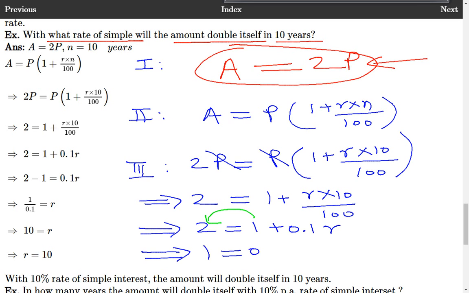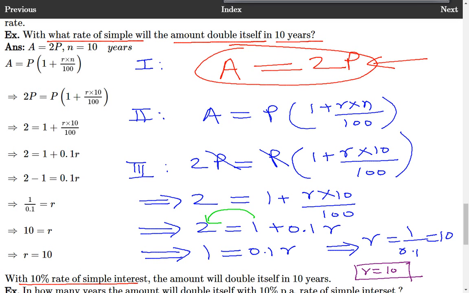So 1 is equal to 0.1 R, and this further implies that R is equal to 1 upon 0.1, which equals 10. So the final answer is R is equal to 10, and the conclusion is that with a 10% rate of simple interest, the amount will double itself in 10 years.